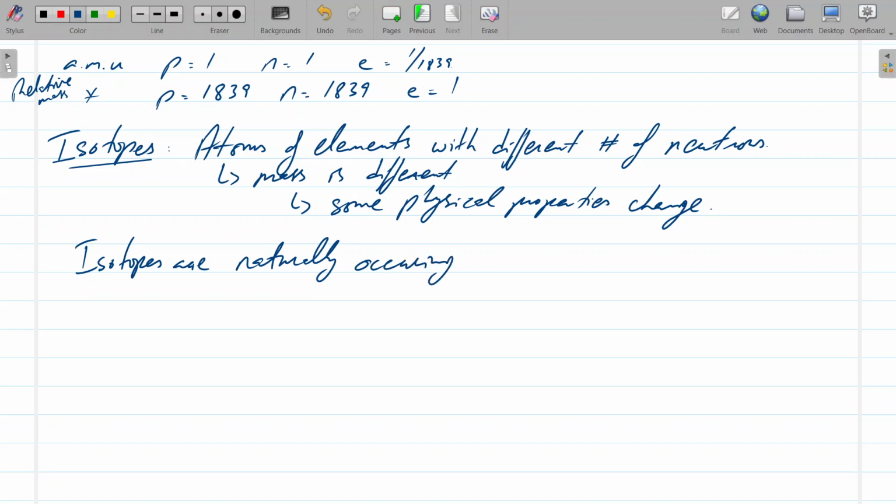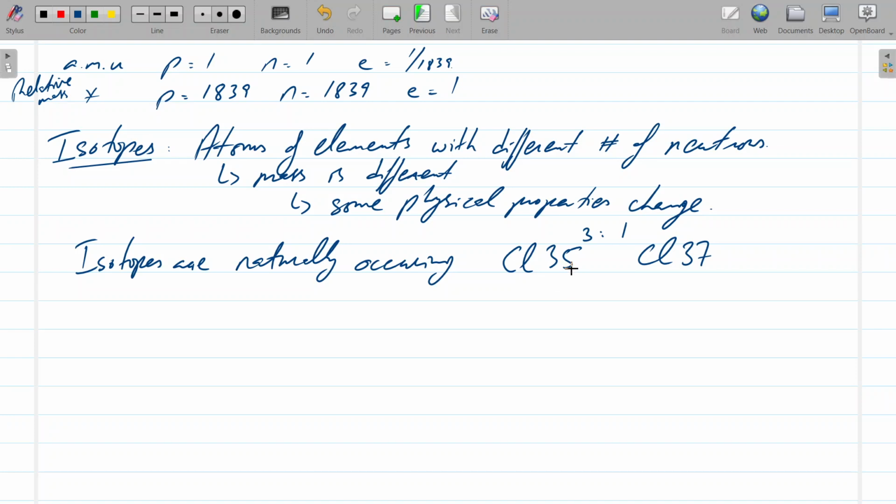Like in the case of chlorine, you've got Cl-35 and then you've got Cl-37, right? And they're present in a ratio of 3:1. So chlorine-35 is obviously more abundant.